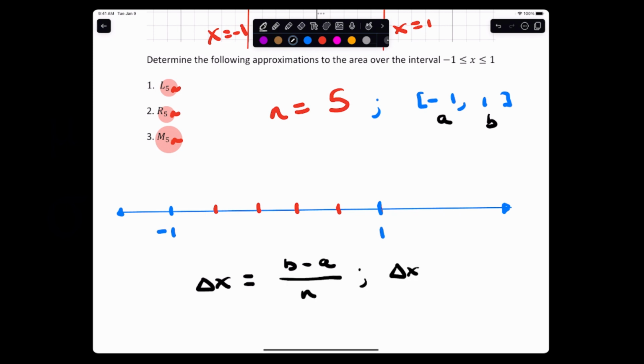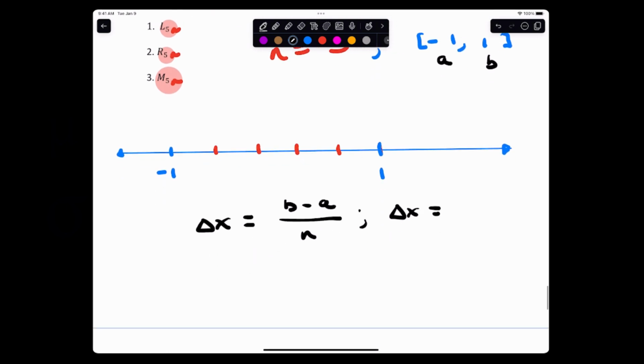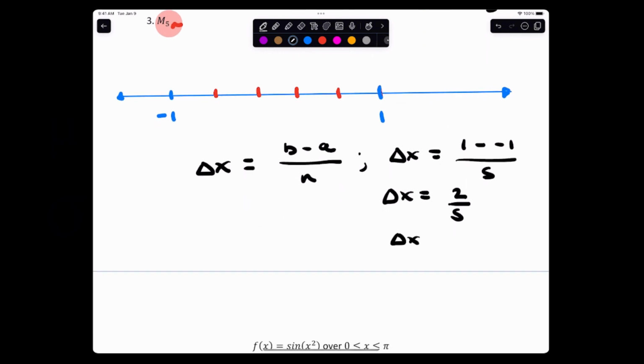So your delta x will be 1 minus -1 over 5, or delta x will be 2/5. Do you know what 2/5 is numerically? Is that 0.4? I'm not awake. I haven't had coffee. 0.4.